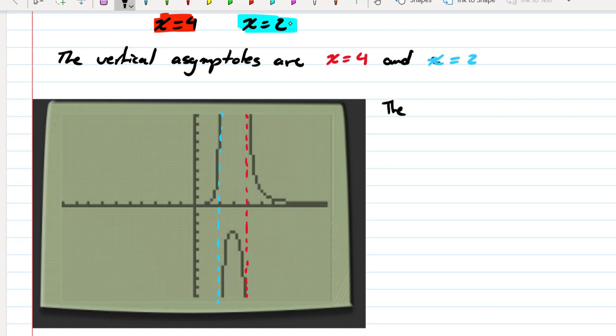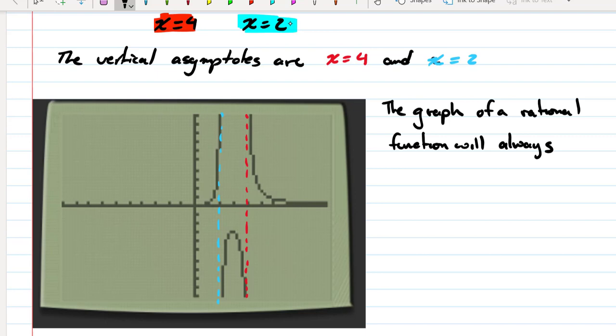So let's take note of that. The graph of a rational function will always go to plus or minus infinity at a vertical asymptote.